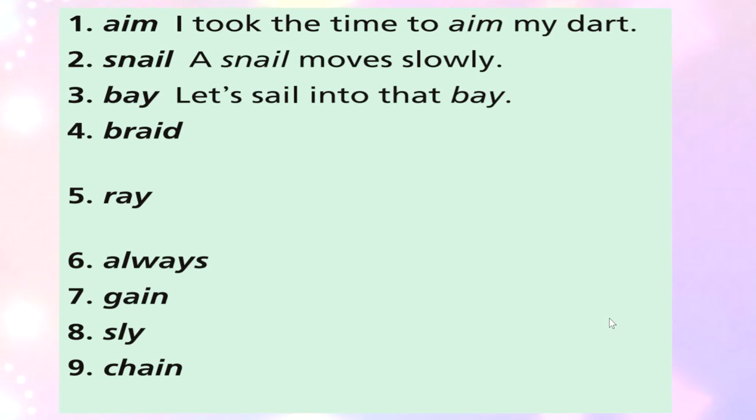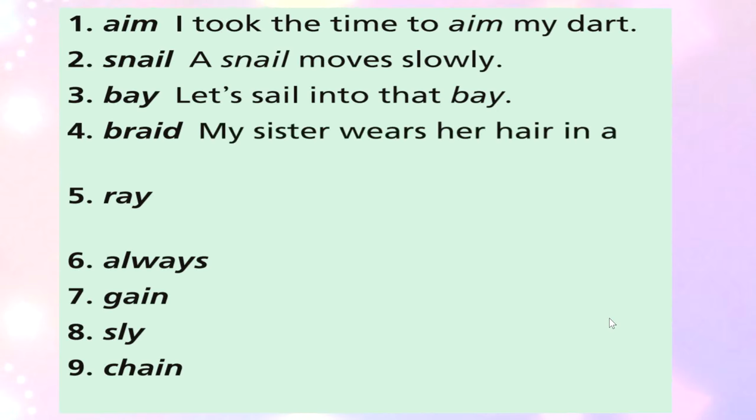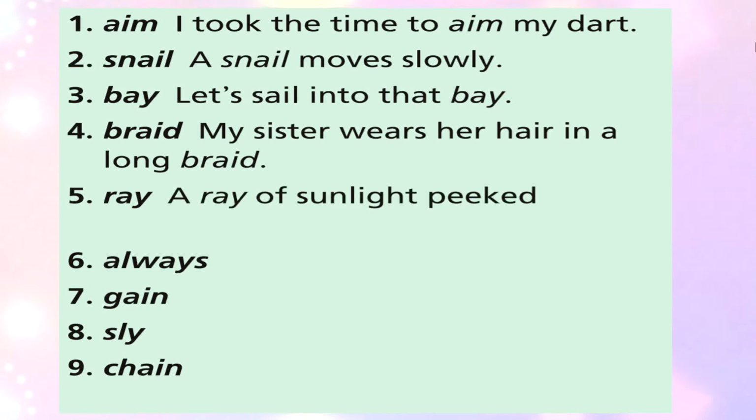Let's sail into that bay. Braid. My sister wears her hair into a long braid. Wears her hair means she styles her hair in a long braid. Ray. A ray of sunlight peeked through the clouds.